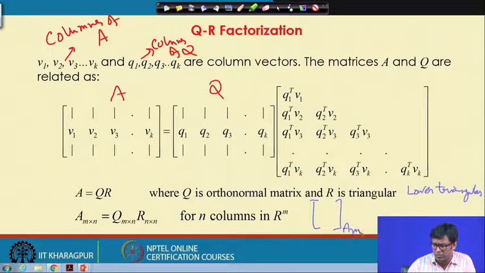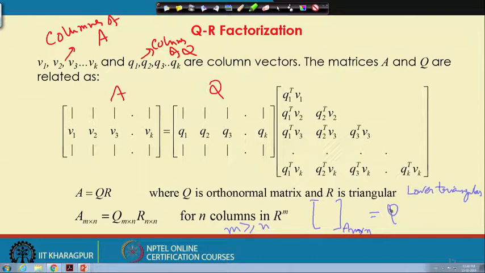A is m into n. m is greater than or equal to n because there are n independent columns. This is equal to Q, which is also m into n, a rectangular matrix, into R, which is n into n, a small square matrix.